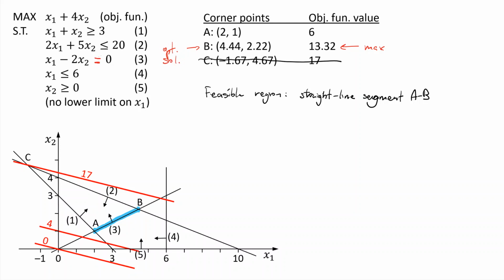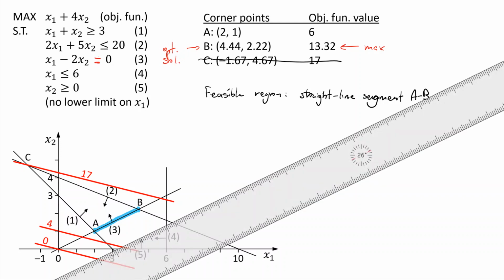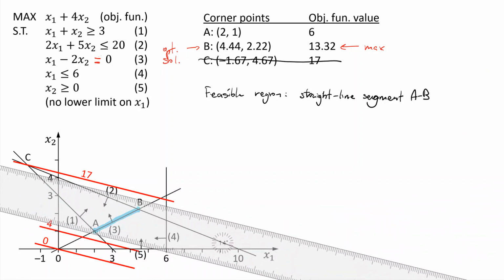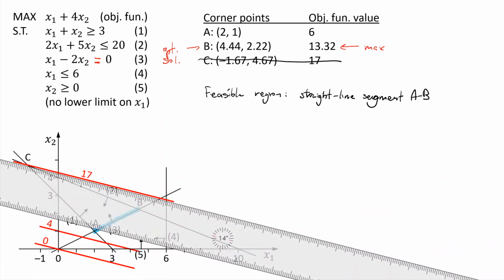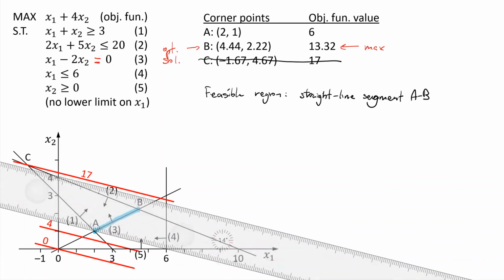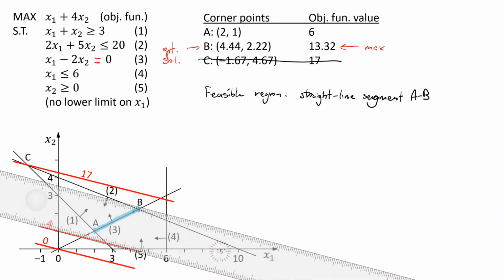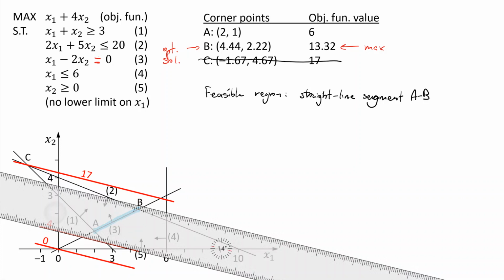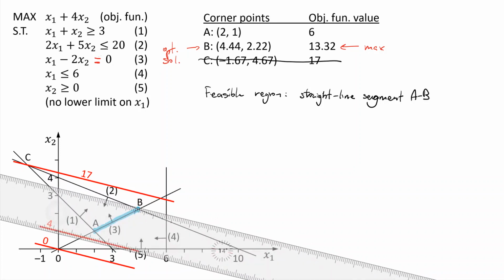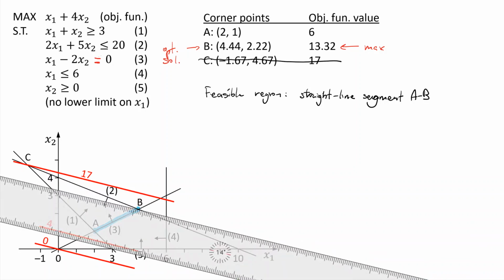And of course, we could also do this using the level curves. We can see that if I do the level curve that is parallel to this, there are no longer any feasible points on this line. I have to go back until I reach point B. This is where I will reach it. And then there is a level curve here that I can plot.